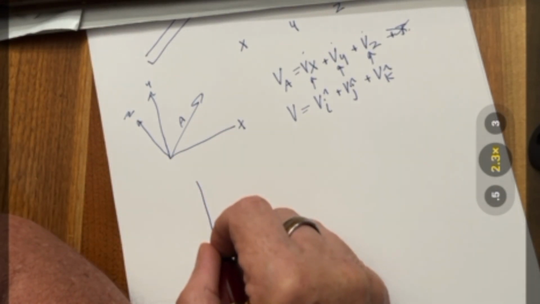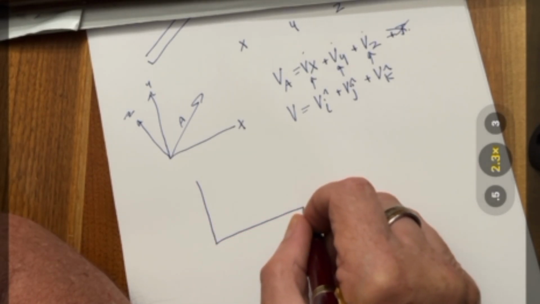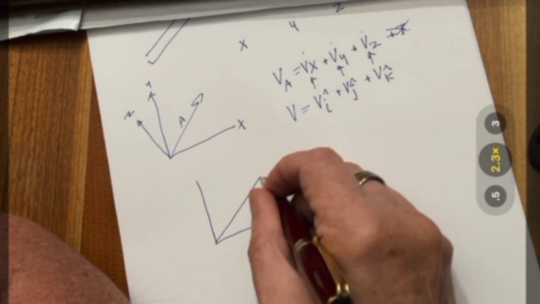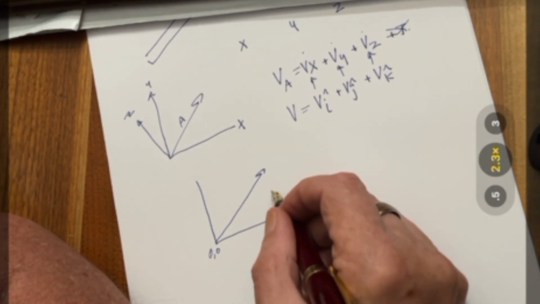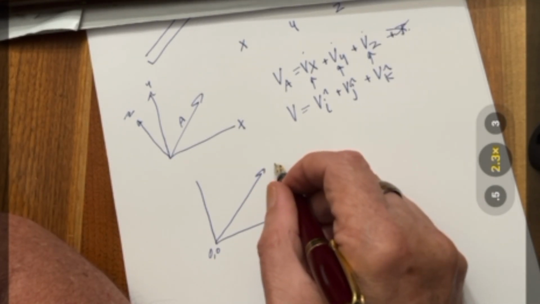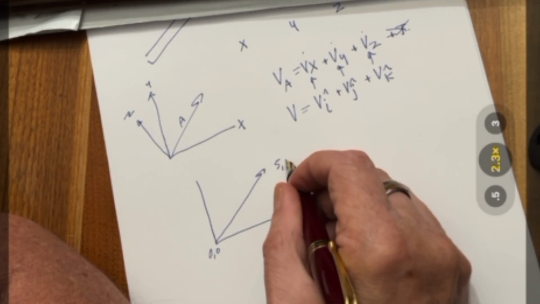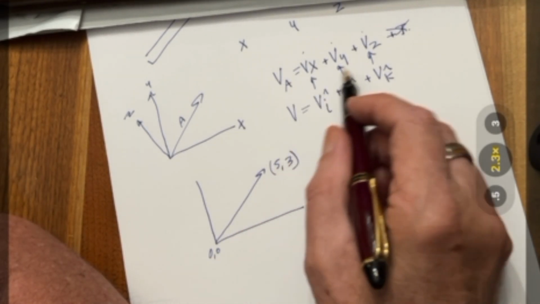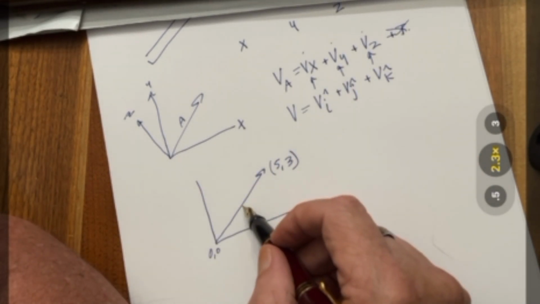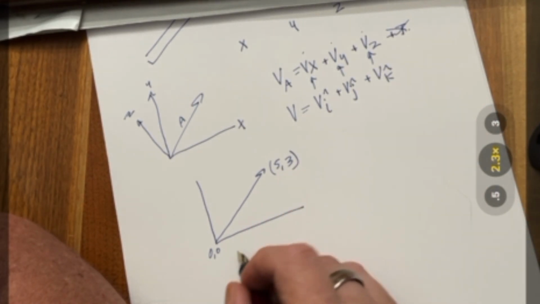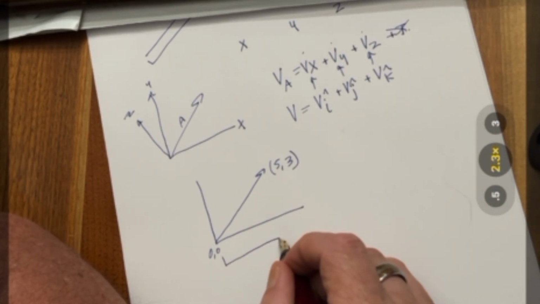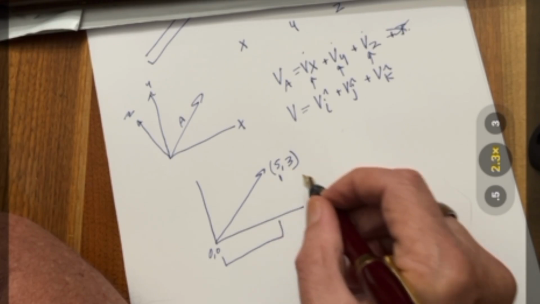Now, suppose we have a vector that comes from the origin, 0, 0, and comes up here to, say, 5 and 3. Looking at this, we see that that vector consists of other components. So, for example, it has an x component, which is the 5.